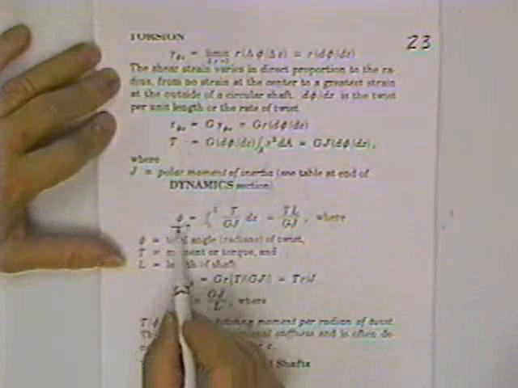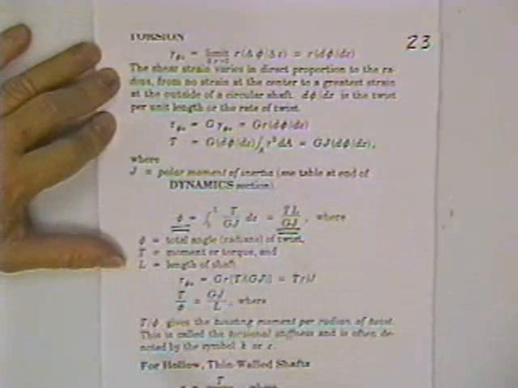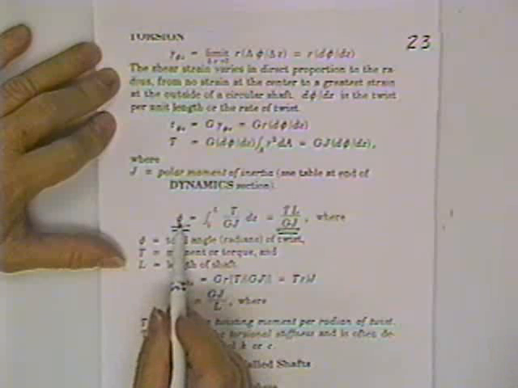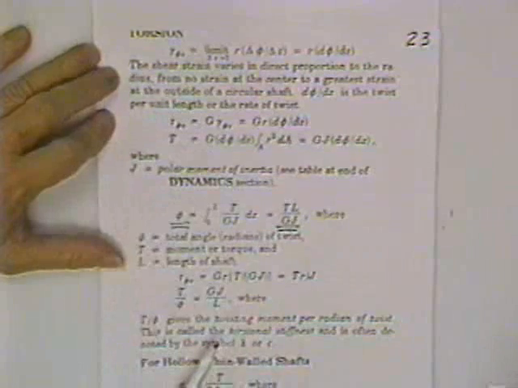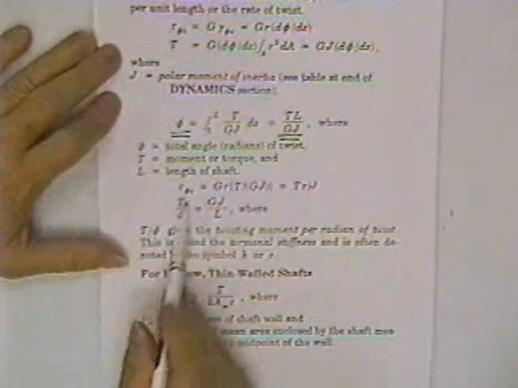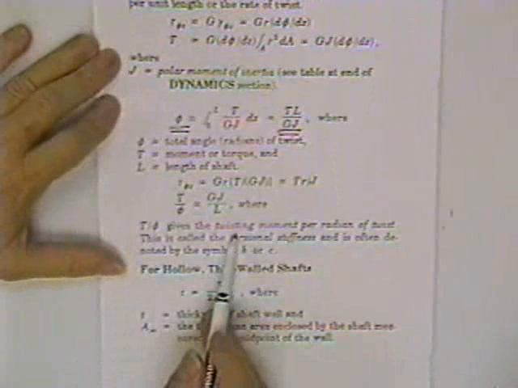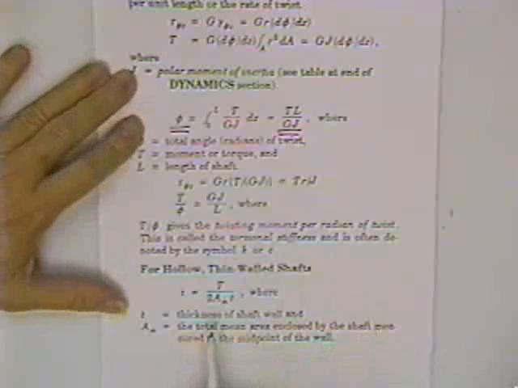You're looking for how much rotation a bar gets when you twist it. If you ask how much rotation you get in a little tiny short piece, I guess that would be good. And this, of course, is nothing but this same equation. It gives how much twisting moment per radian of twist there is.